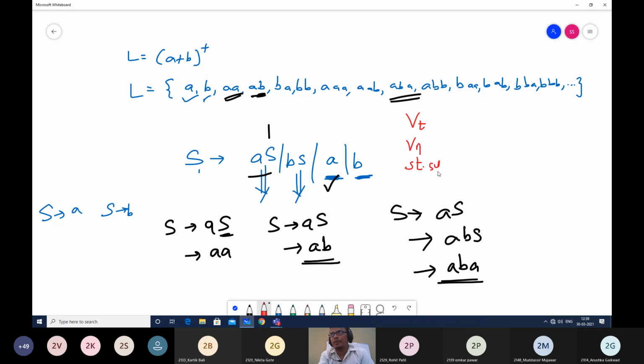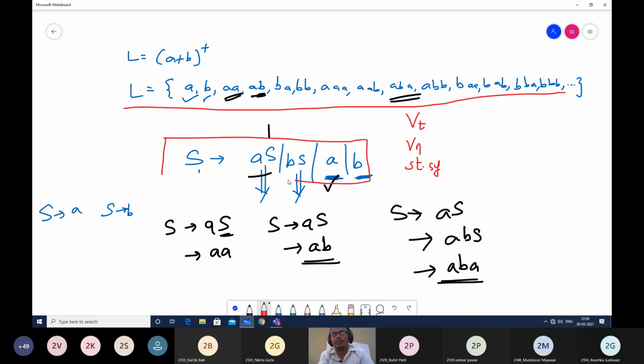In every grammar problem, first write the language strings. After that, write down the grammar. After that, write down these 3 tuples and solve one string of your choice. I'll wait for 1 minute, you can take down this problem. Then we'll see the next problem.